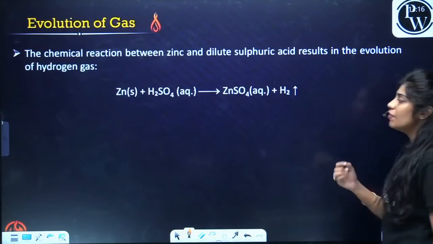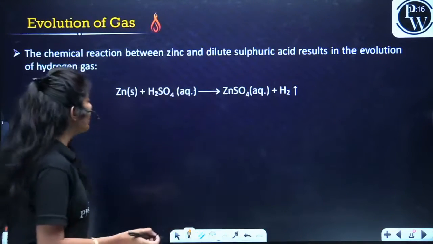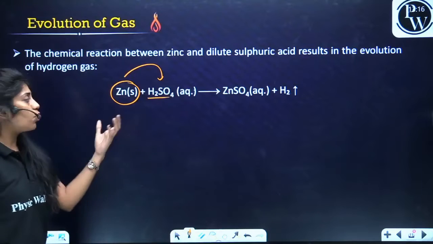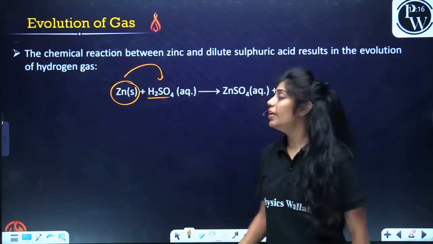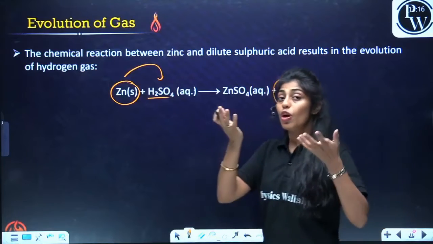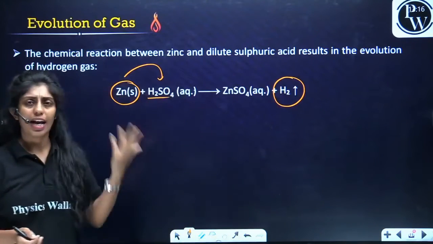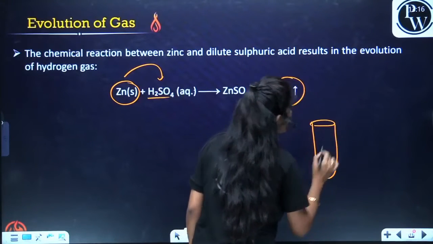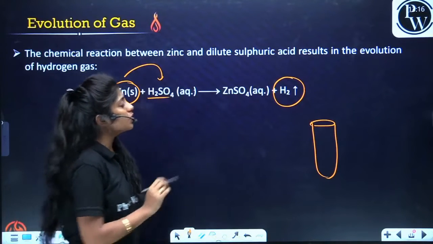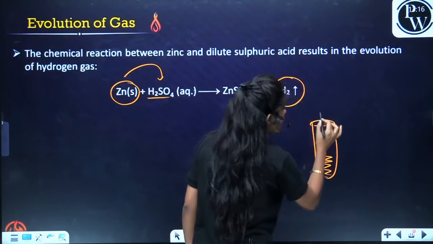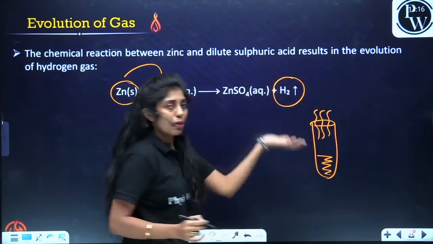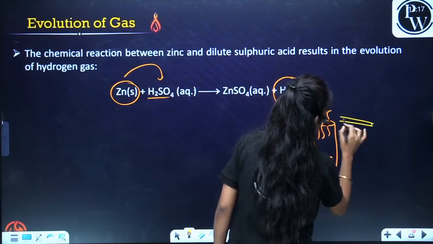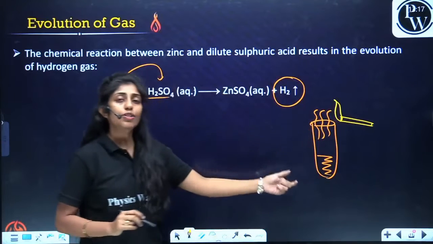Now, next we have evolution of gas. When the zinc granules react with dilute sulfuric acid, we will be getting hydrogen gas, which will be evolving. How do we get to know that this gas is hydrogen and not something else? Suppose this reaction is occurring in this test tube. Hydrogen gas will be escaping from the mouth of the test tube, so I will have to place a burning matchstick near the mouth of the test tube.